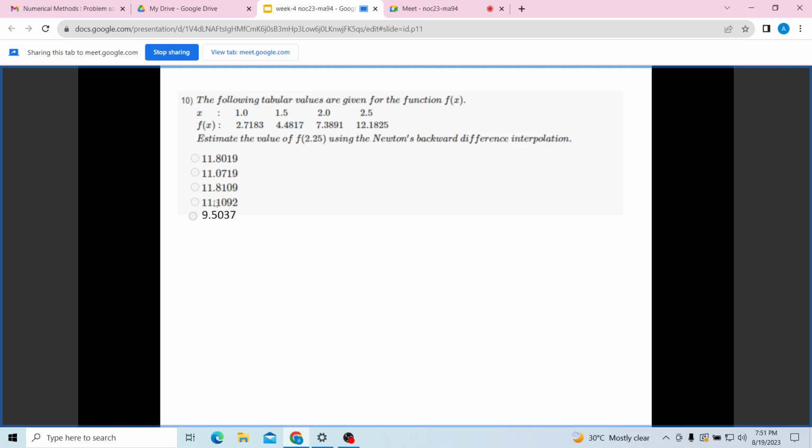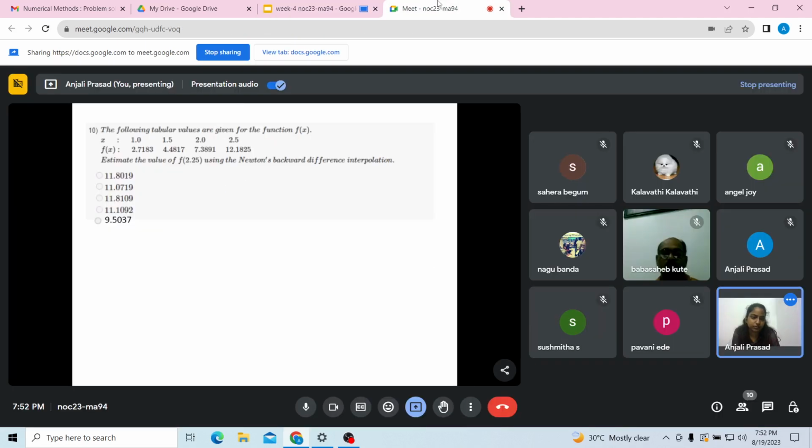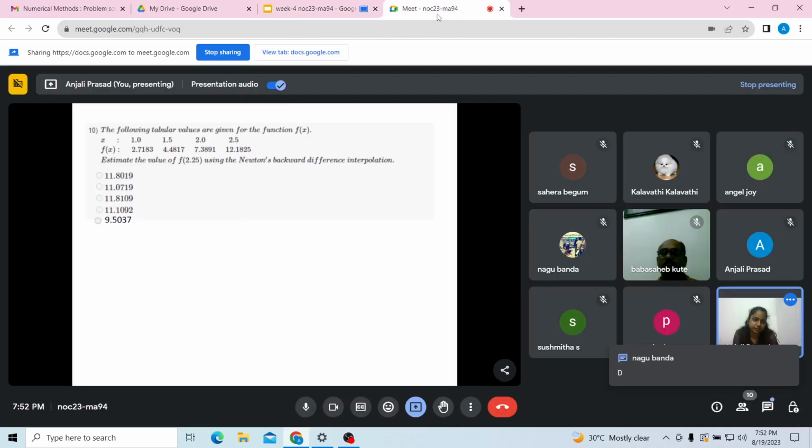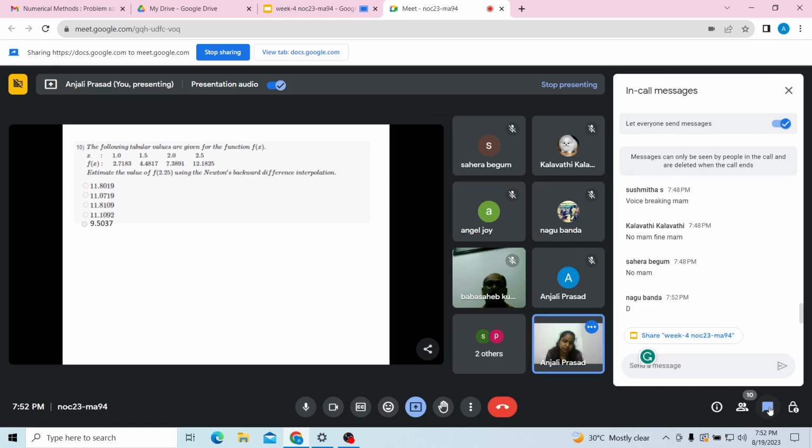Here you have 5 options. Are you all getting it as D, that is 11.1092? Or are you getting 9.5?